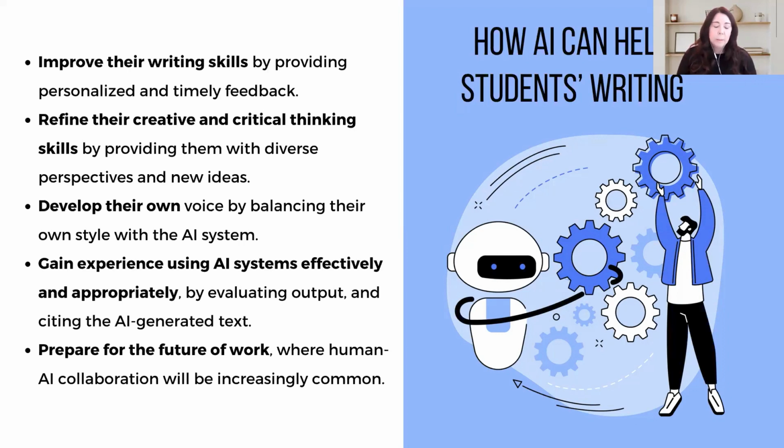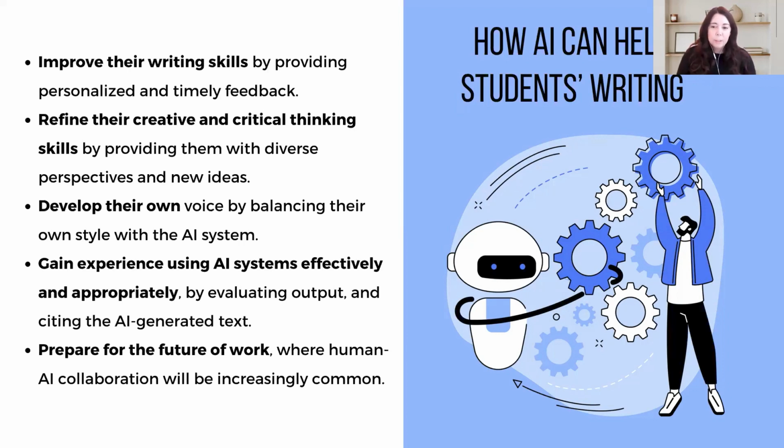We could nod here to tools like My Essay Feedback that students can use to augment peer feedback or instructor feedback. I also would suggest that AI tools can help students refine their creative and critical thinking. It gives them access to different perspectives and new ideas that might help them make more robust arguments.